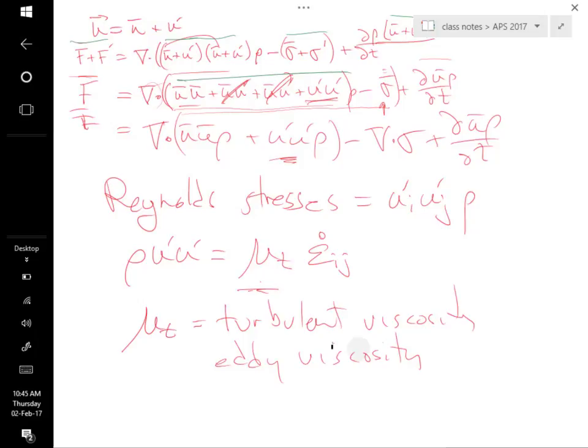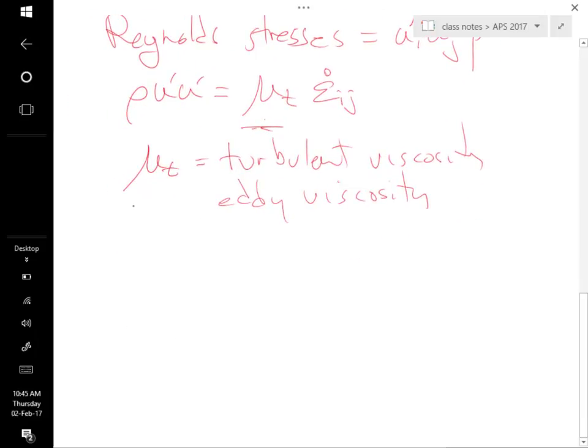So in order to proceed, we have to come up with a way to characterize the turbulent viscosity. There are many different ways of doing this, and the approach that we're going to use is to say that the turbulent viscosity is equal to a constant times the density times this term.